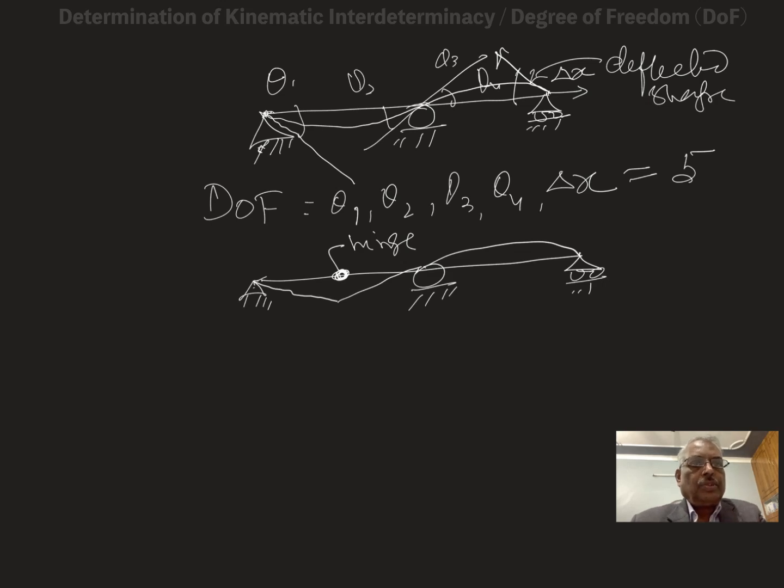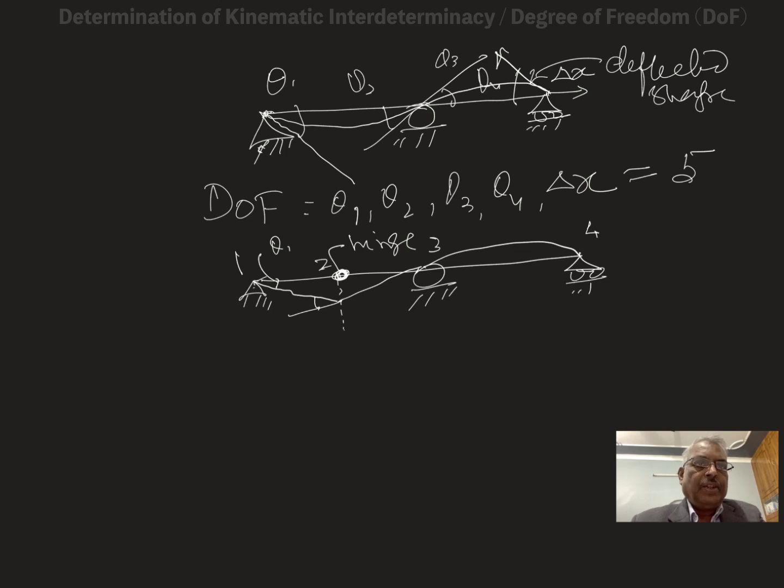So this is theta 1. Because of this displacement here, suppose 1, 2, 3, 4. This slope and this slope will not be the same because of the condition.